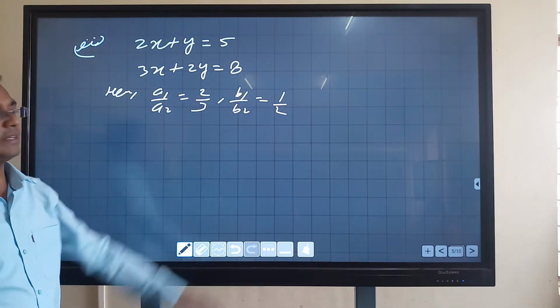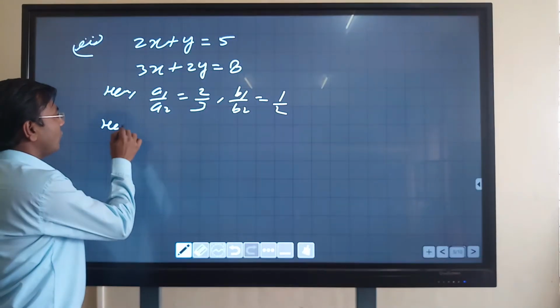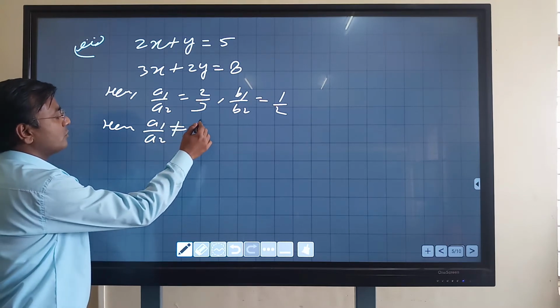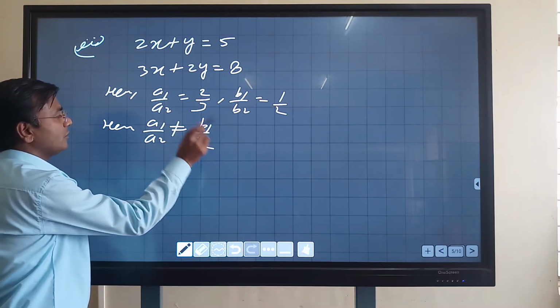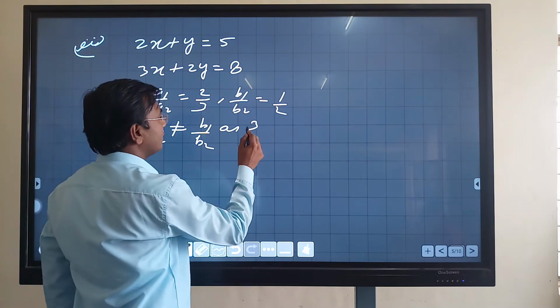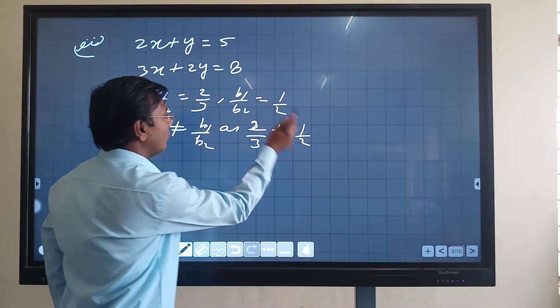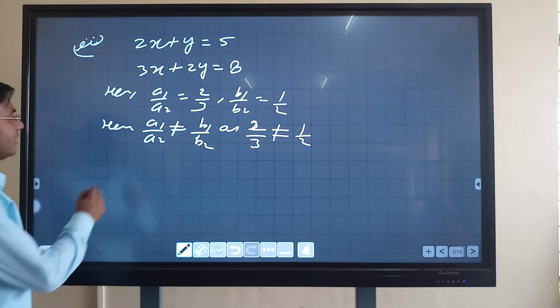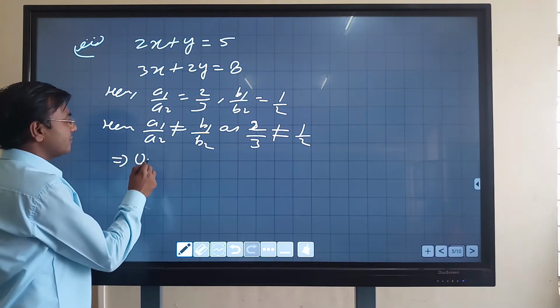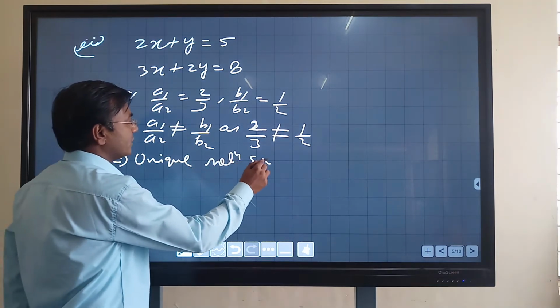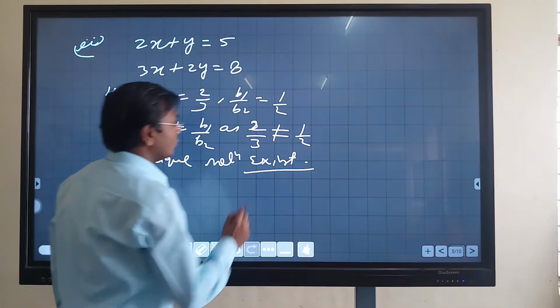No need to find the third ratio. Why? Because we already have the condition a1 by a2 not equal to b1 by b2, as 2 by 3 is not equal to 1 by 2. Both ratios are not equal. This implies a unique solution exists.